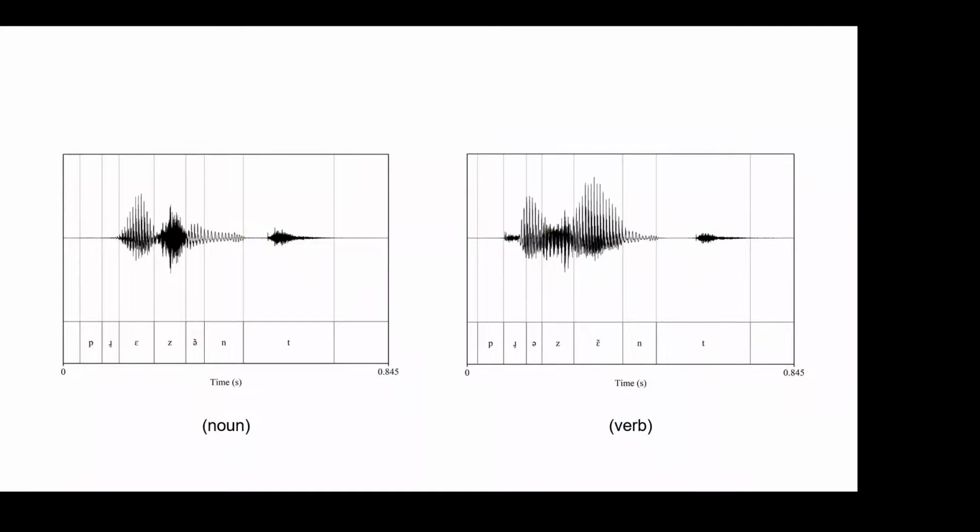Let's jump in here. Now this is a little small, but you can see it bigger in the accompanying notes. In the noun present on the left, you see the stressed vowel, the first vowel is longer, second vowel is shorter. But in the verb present, the first vowel is shorter, second vowel is longer.